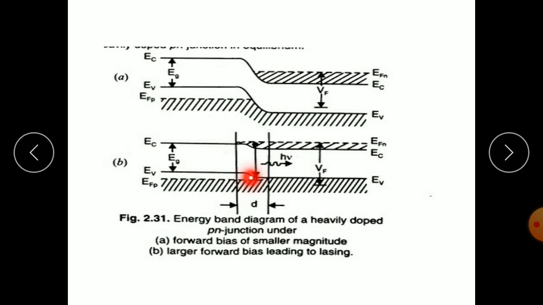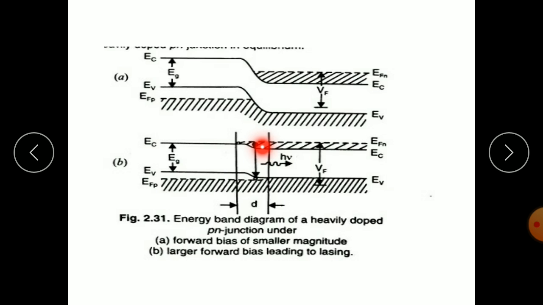Now if we connect the PN junction diode in forward bias, what will happen? Electrons from the n region and holes from the p region will gain energy and try to cross the junction.